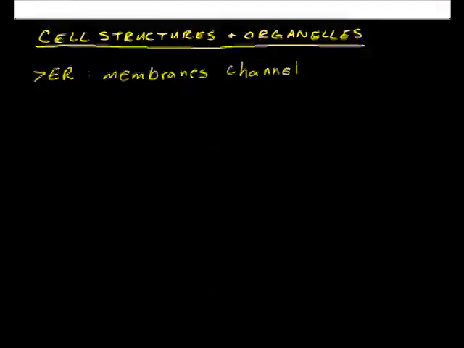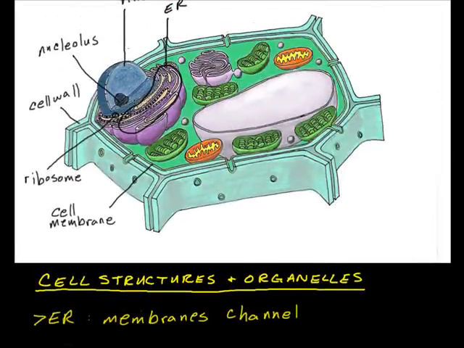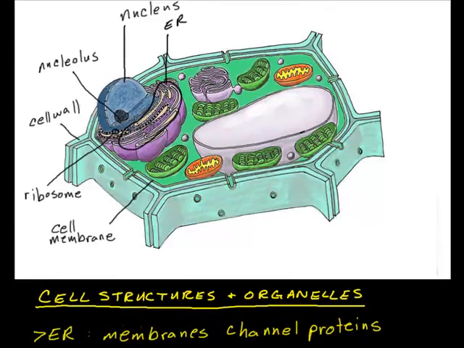Remember, if we look back at our diagram here, the ER is covered with ribosomes, and ribosomes, as we said last time, make proteins, and so the ER membranes channel proteins around the cell.